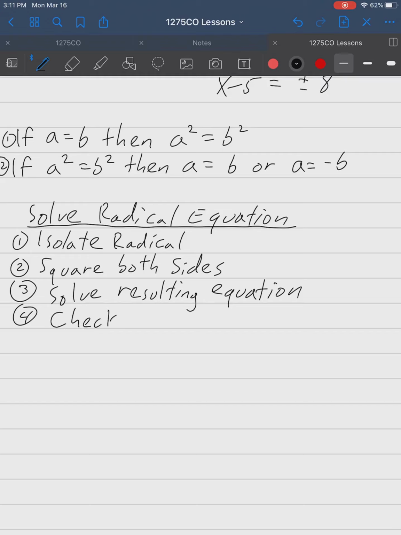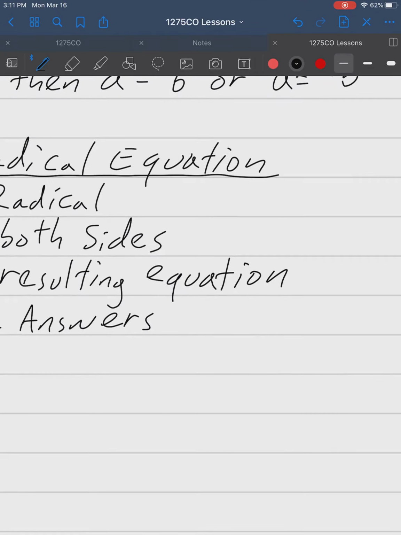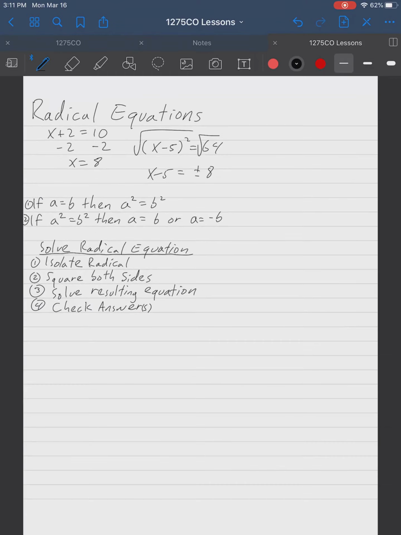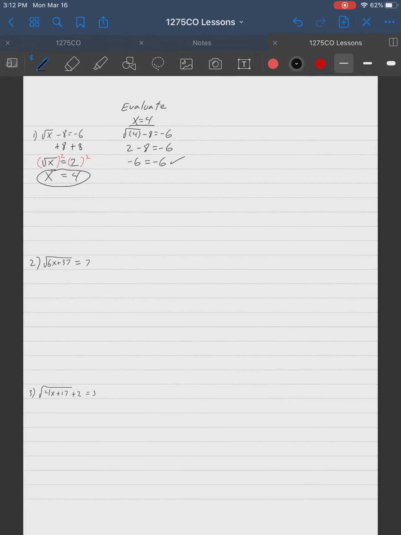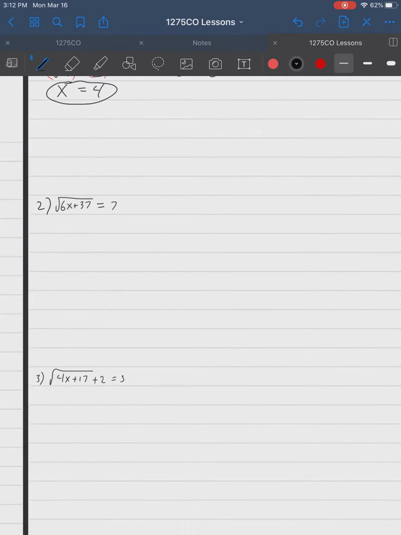And the very last step, which is an important step, is to check your answers, right? We're going to see equations that have multiple answers, and in that case, you do have to check all of them that come up. So number 1 is solved already.